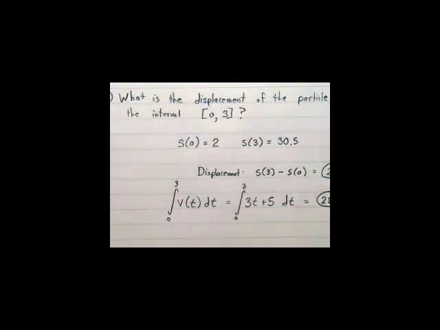Okay, so you can look at displacement, okay? It is this idea of how far is it from where it started, but if you just have the velocity to work with, it's simply the integral of that velocity over that interval, because that's going to give you that change in distance, so you get the same answer.